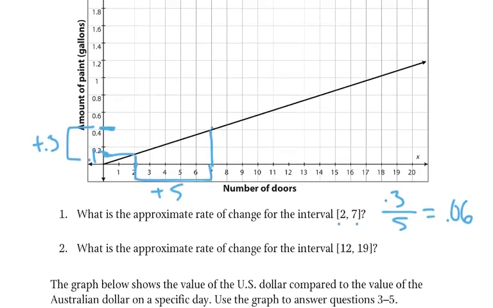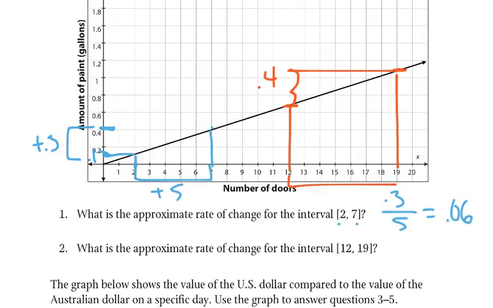Then we do it for 12 and 19. So 12 to 19, it looks to me like they're in the same position here. So we'd go up basically like 0.2, 0.4. So I think we'd go up 0.4.